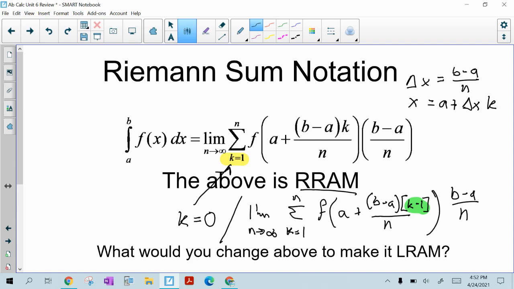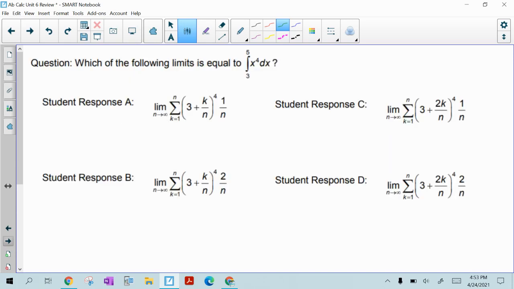So basically you always start off by taking b minus a and putting that over n in here. That's going to go outside, and it's also going to be duplicated in here. And then your a value is going to have to be rewritten in like that, unless a is 0. So let's take a second and see if you can come up with the expression there.